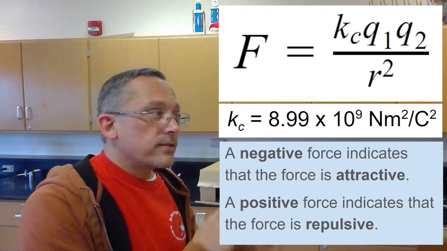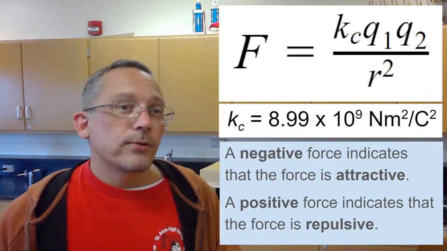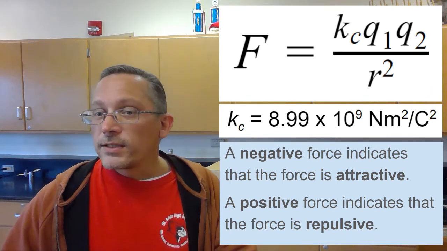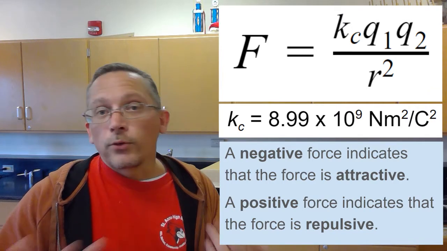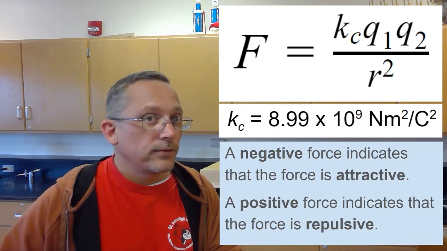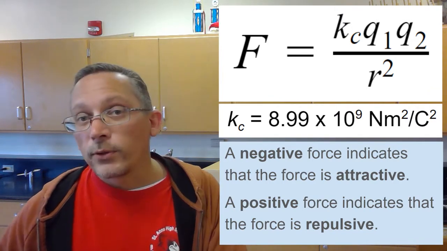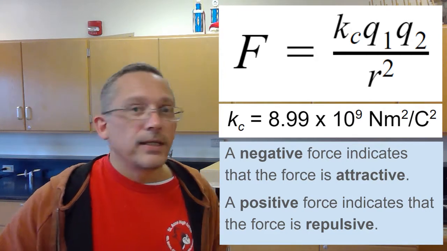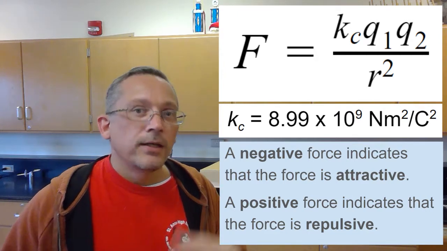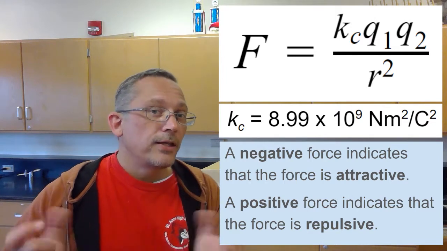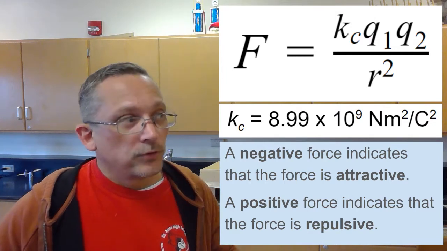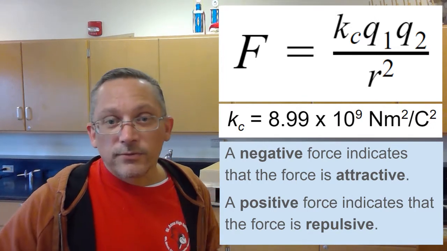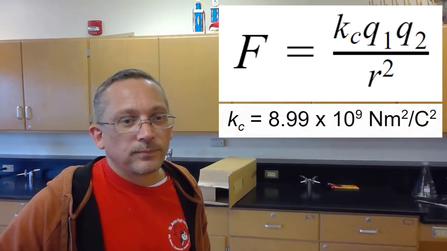If you end up with a positive force, it is repulsive, right? So let's say Q1 and Q2 are both positive. A positive times a positive is a positive. Or if they're both negative, a negative times a negative is a positive. So either way, your force comes out positive, and two charges that are the same should be repulsive, right? So a positive force is repulsive.